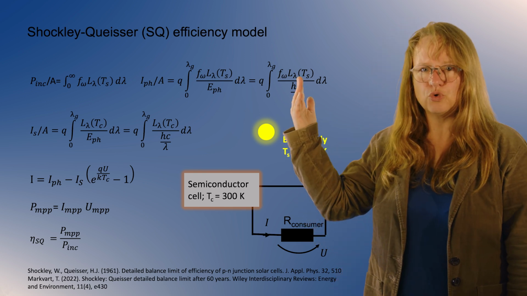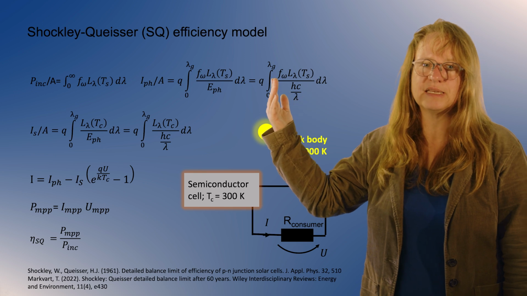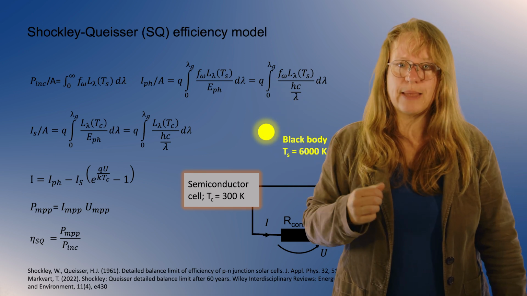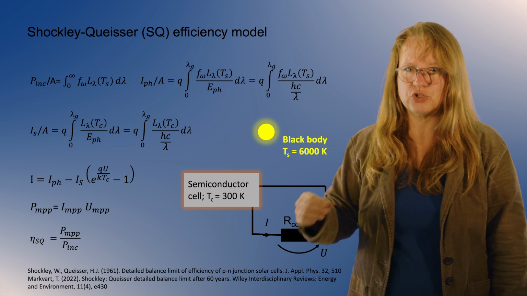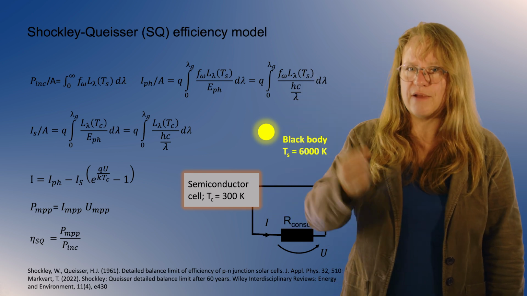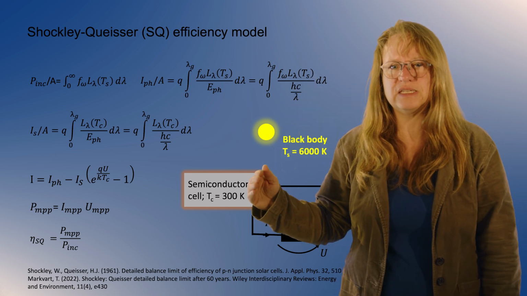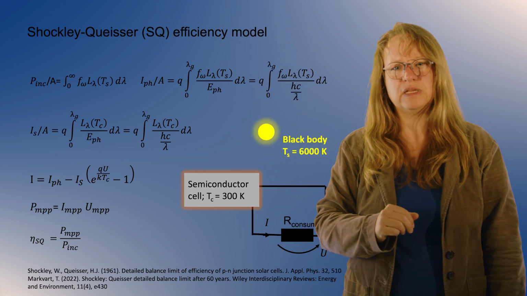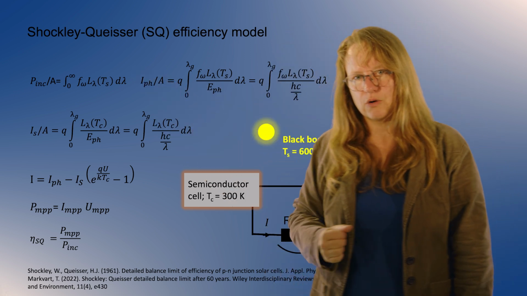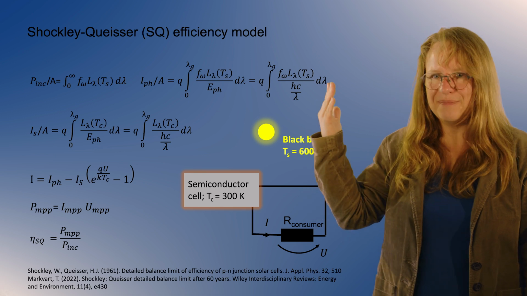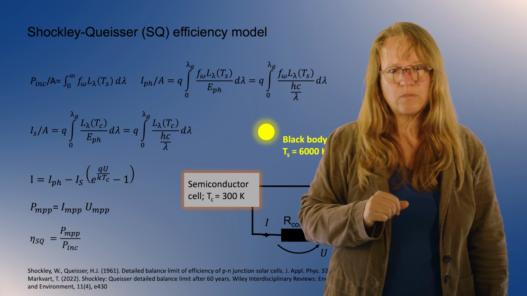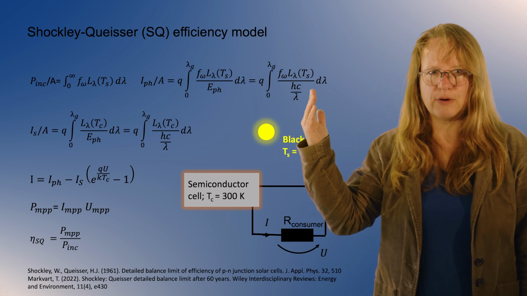Also here we assume, if we do the calculation like this, that all of the energy above the band gap is absorbed in our semiconductor. So it's like a thick semiconductor where everything is absorbed. If it was a thin semiconductor where part of the photons would pass through, then this photocurrent would be smaller. But at the limit for optimum efficiency, we would absorb everything. Okay, so this is the photocurrent.